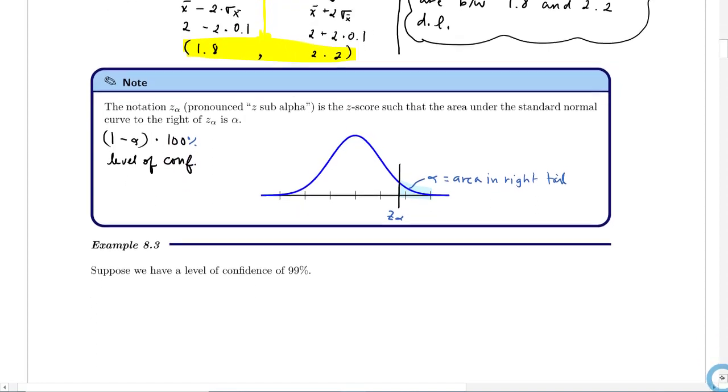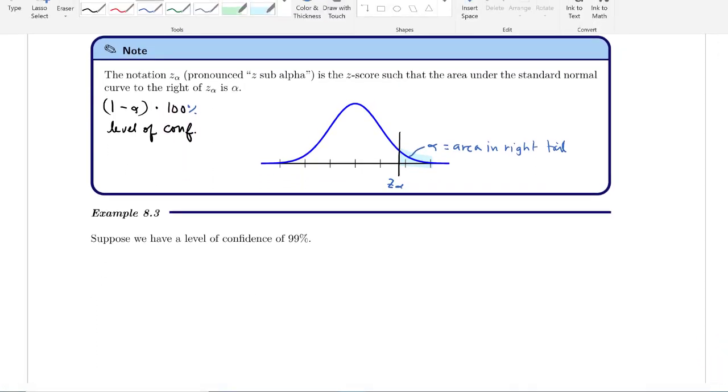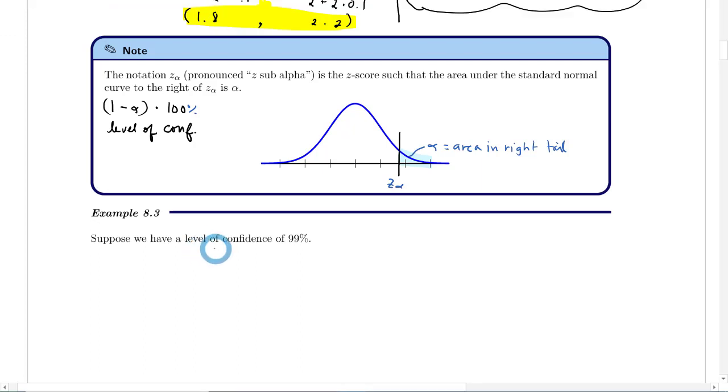So in this next example, where let's say we have a level of confidence of 99%, what it's saying, if I drew this, recall that here's the population parameter. Let's say, we'll just say it's mu or p, right? Population parameter.